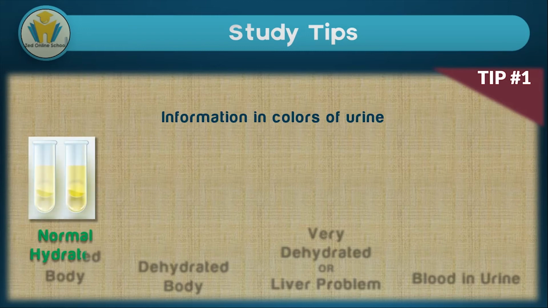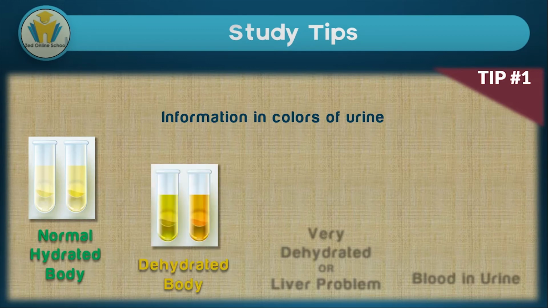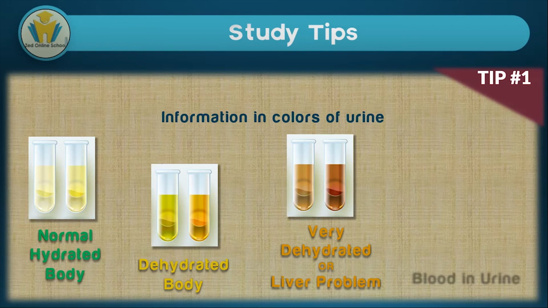In the first picture that has showed up here is the color of a normal hydrated body. It's usually transparent yellow, or as they call it in biology, a pale straw color. If you are just a bit dehydrated, your urine might get a deeper shade of yellow, while if you are very dehydrated or have a liver problem, your urine will look brownish in color.